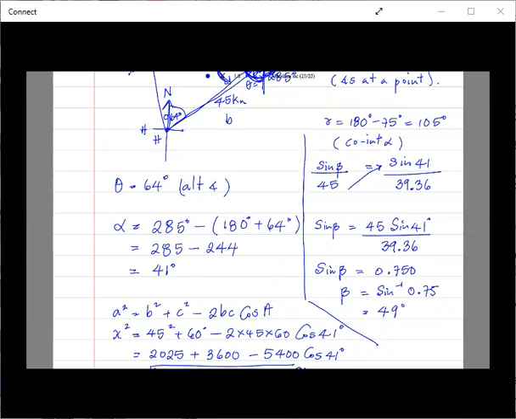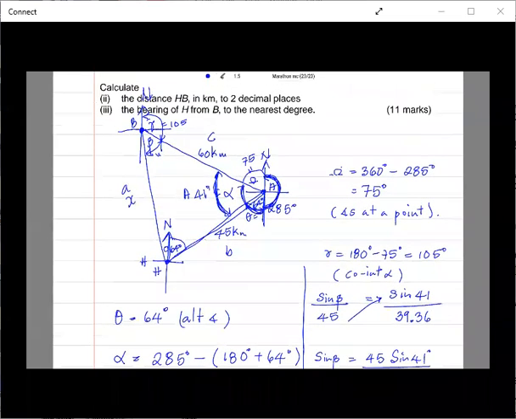And so I know the two angles now. One is 105, the other is 49.